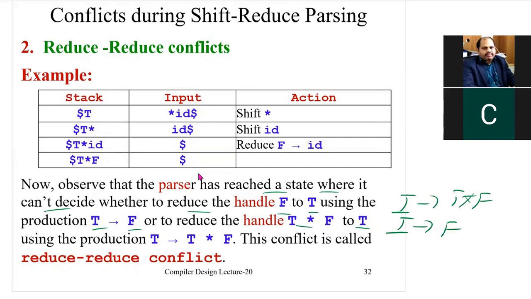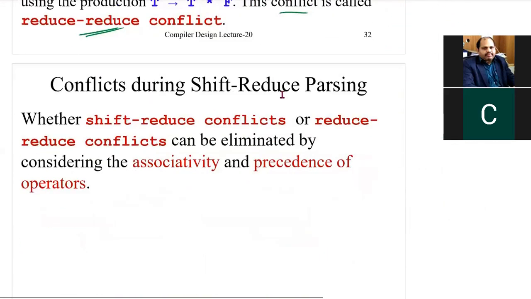Whether the first one, F, needs to be reduced with T, or the second one, the entire T into F, is reduced with T. This is the ambiguity. So this conflict is called a reduce-reduce conflict. These are the two types of conflicts during shift-reduce parsing.